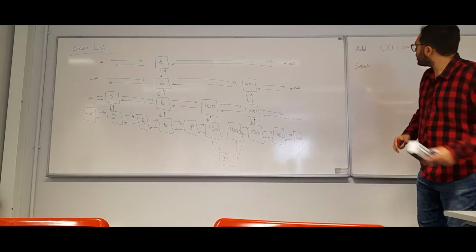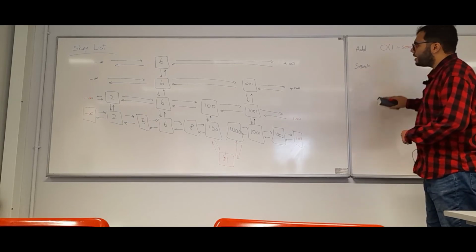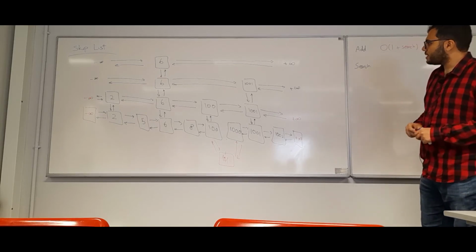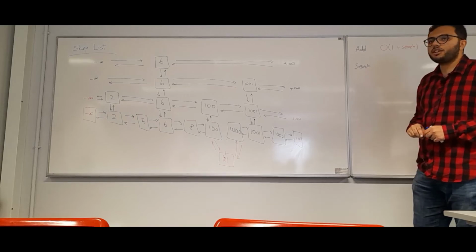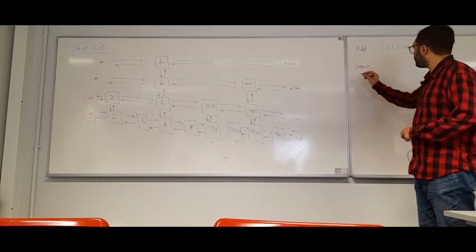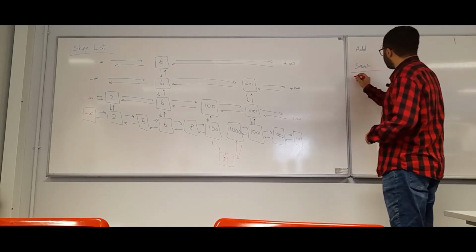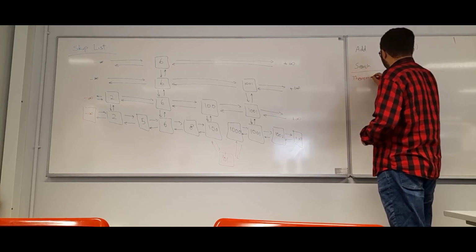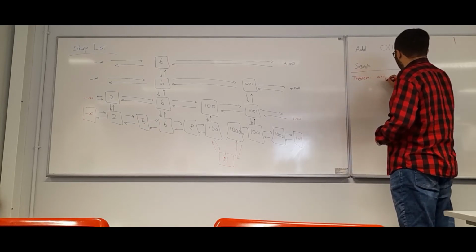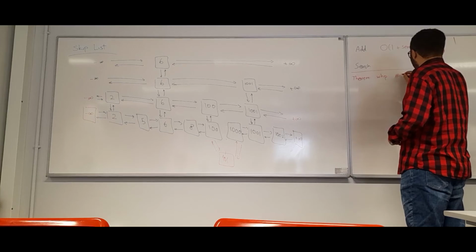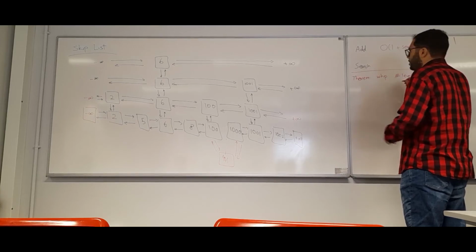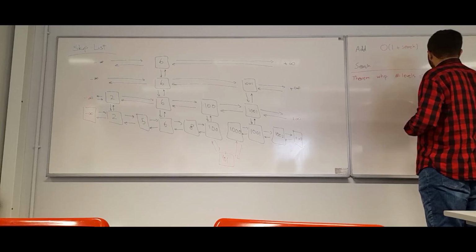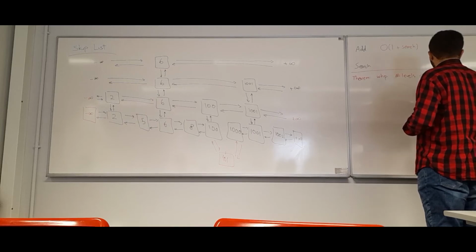So the first thing I want to prove is that the number of levels is going to be small with very high probability. So this is my theorem or lemma: with high probability, the number of levels, the number of different lists that I have, is at most some c times log n.